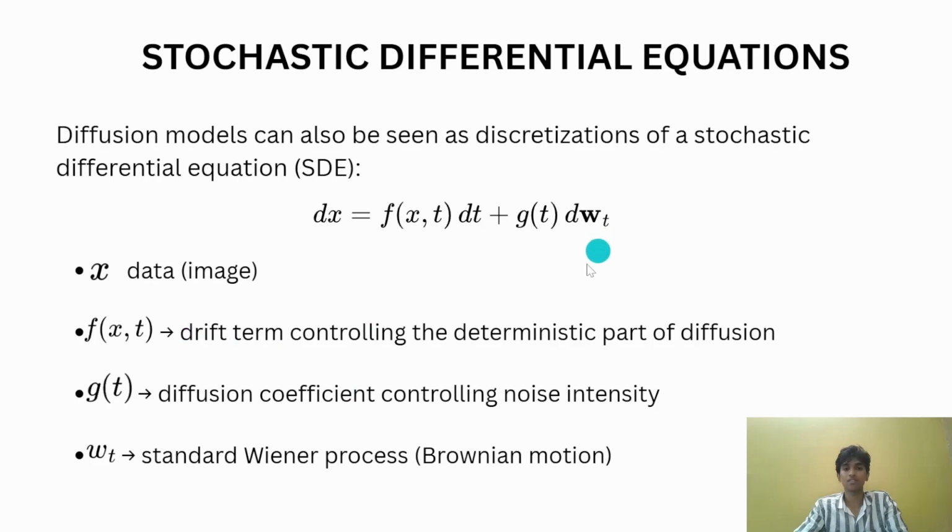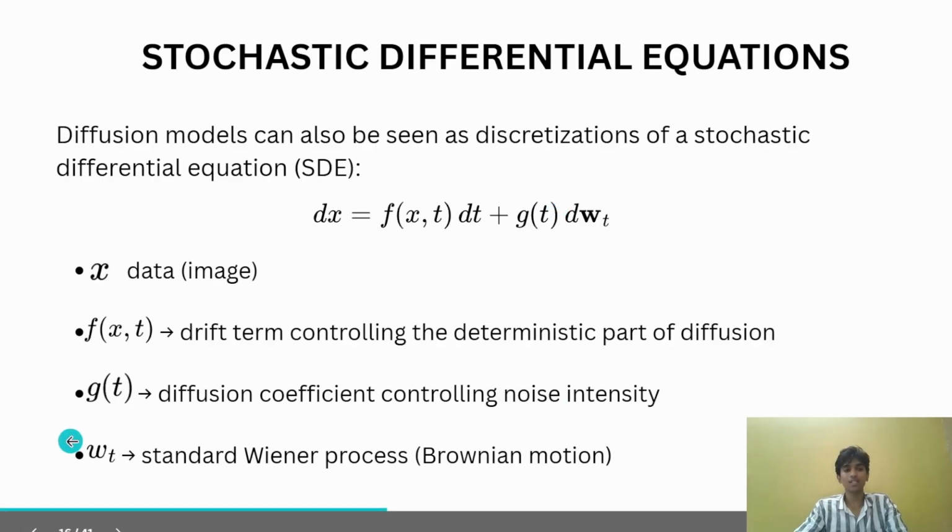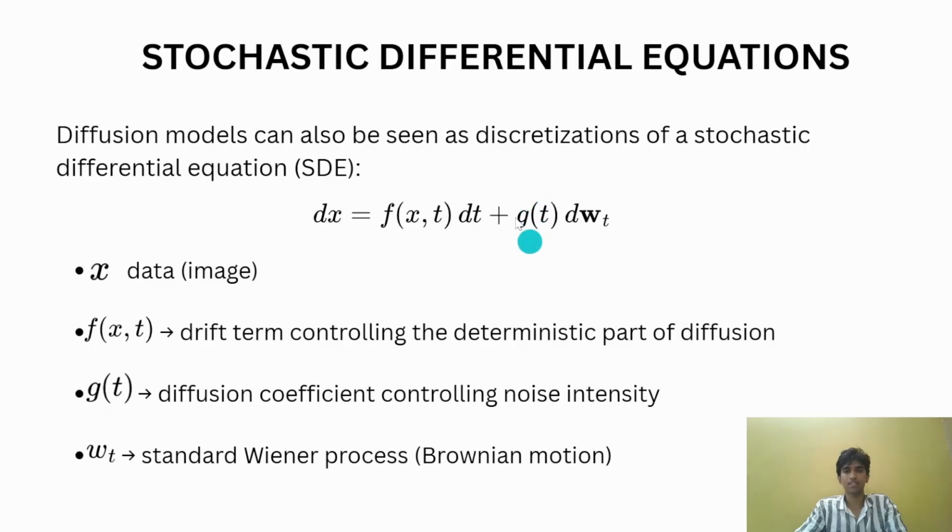G of t is the diffusion coefficient, which controls the noise intensity, and Wt is the standard Wiener process, which models the Brownian motion. This term is the intensity of the noise, which changes for every time step t, and this is between -1 and 1. It's from the normal distribution.